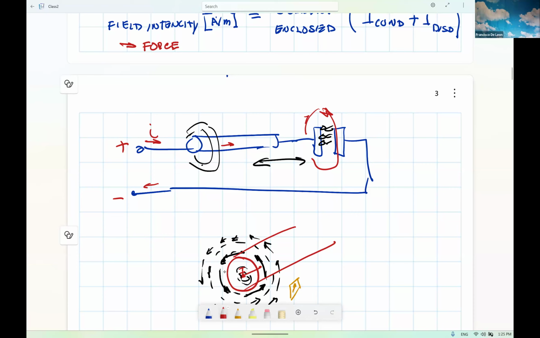If there is a movement of charge, there is an electric current, and there is a magnetic field produced by that. That's simple. And how do you know?